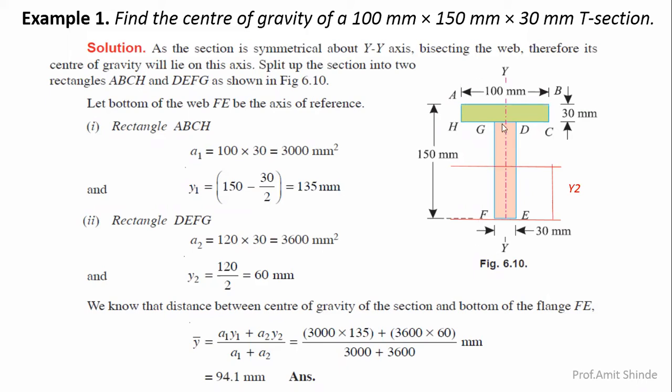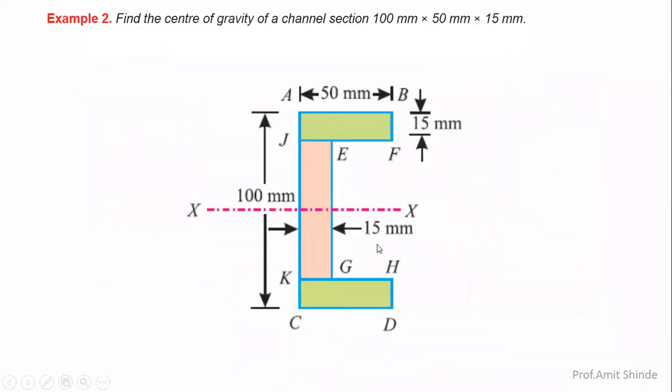Now in the previous problem, the geometry was symmetrical about the y-axis. Now let us see if the geometry is symmetrical about the x-axis. Find the center of gravity of the channel section. Channel section means C shape, having the section 100 millimeter by 50 millimeter by 15.